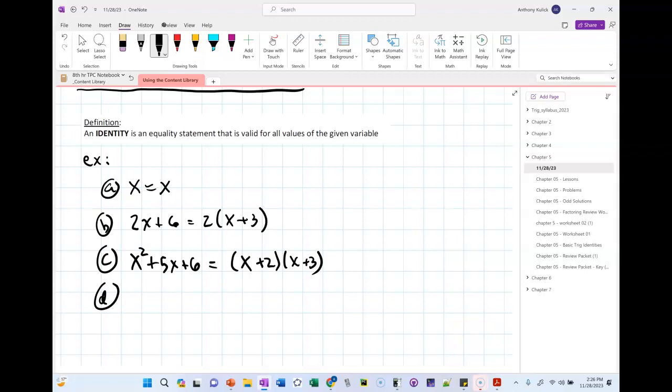At this point, we already know a whole bunch of trig identities. You just didn't know it. Can somebody give me one? Let me give you a hint. What's the relationship between sine and cosecant? They're reciprocals. So I could write cosecant theta equals 1 over sine theta, right? And I should be able to do that for all 6 of the trig functions.